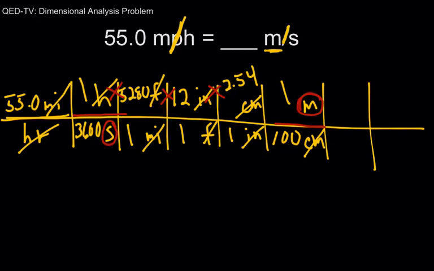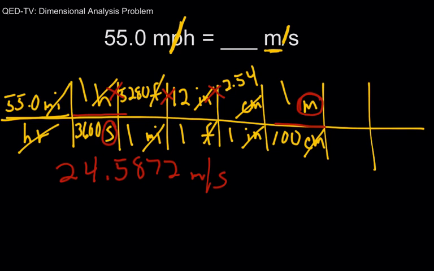I need to do it exactly in that order. Don't try to divide by 3,600 and then multiply by 100 unless you're doing that in parentheses on your calculator, because if you do that, it'll actually multiply by 100. You got to be real careful with your order of operations. Okay, so if I do that whole thing, I'm going to get an answer of 24.5872 meters per second, but I want to worry about sig figs here.